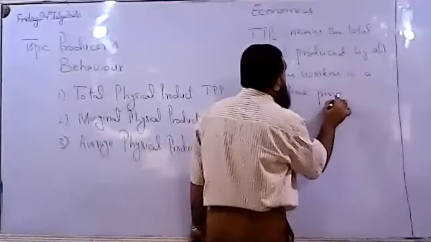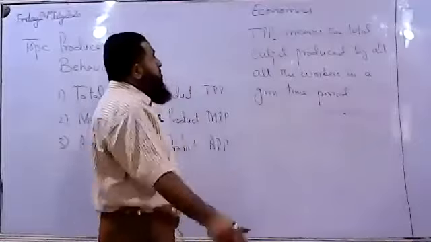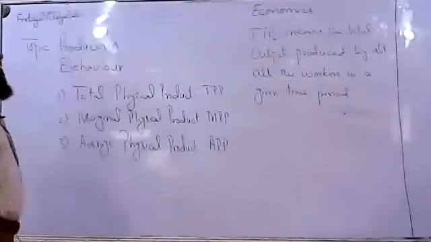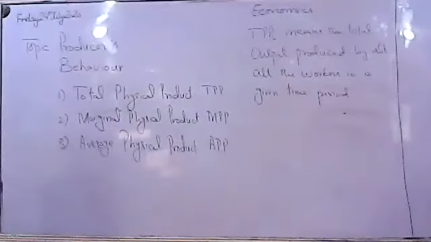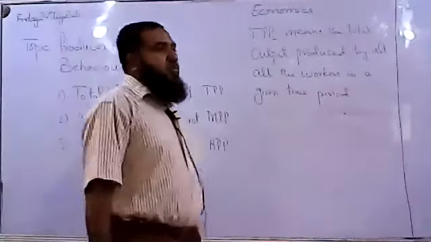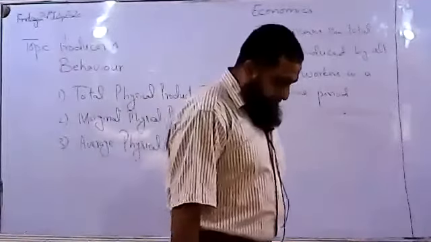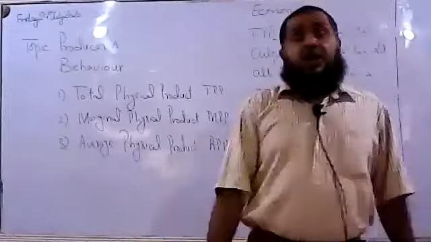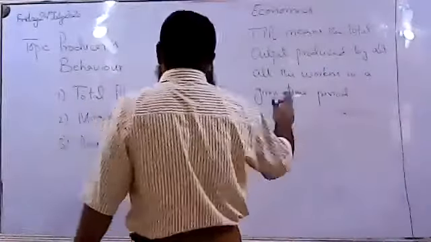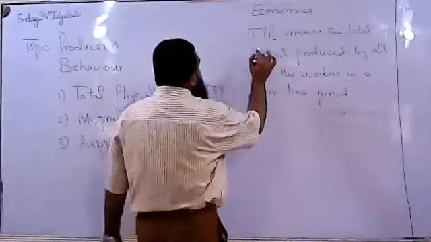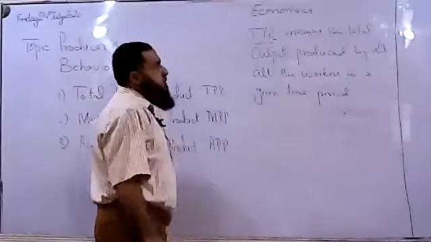It does not mean we are talking about total output of every time. Suppose in one day, in a week, or in a month, how much total output is produced. First of all, we are now in the short run, so we are measuring total physical product in the short run. This is called the total output produced by all the workers.